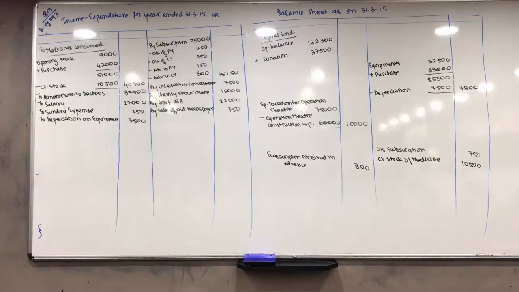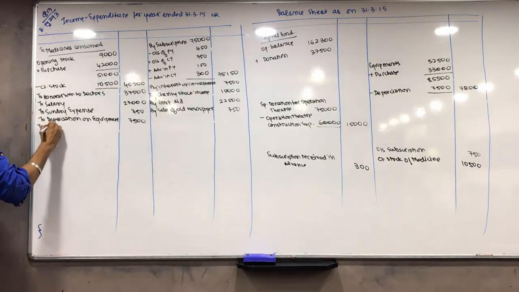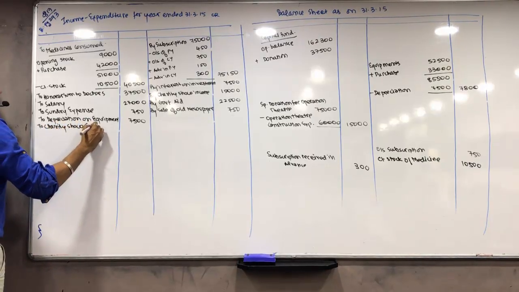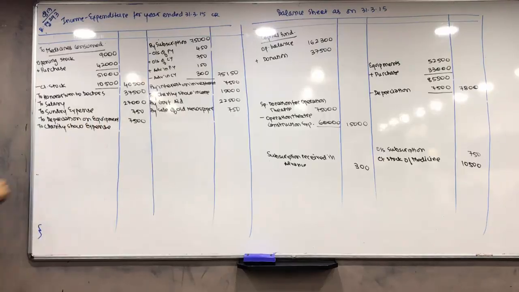Next, charity show expense. To charity show expense 4,500.